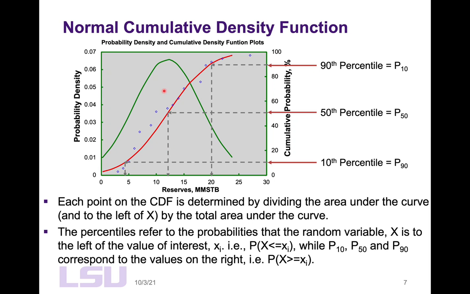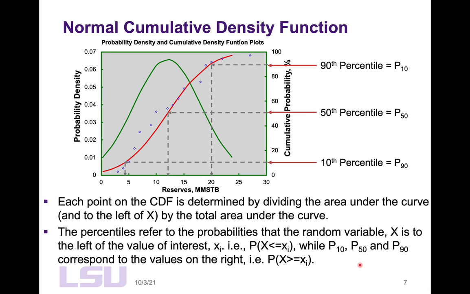Because the area is always the area to the left for the percentiles. Another way the question can be framed is, what's the probability that a random variable is at most xi, at most 12? So at most means it's xi or less.